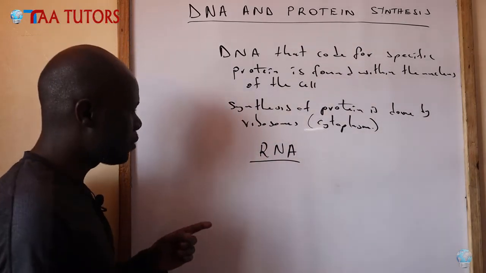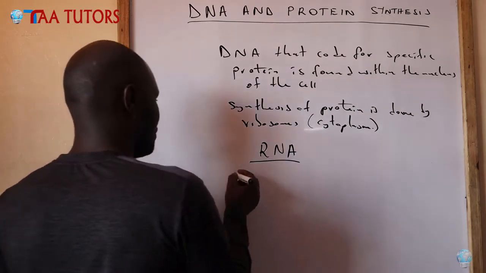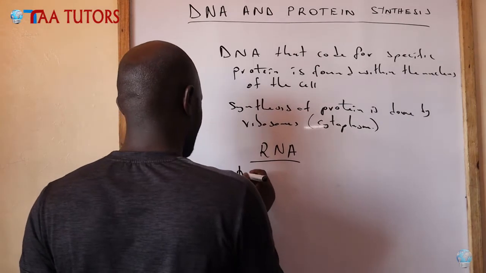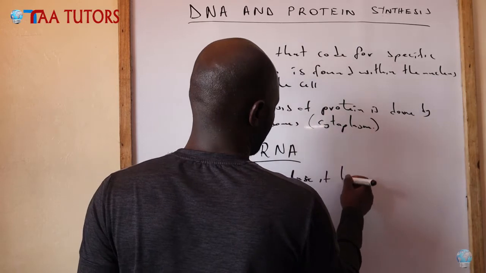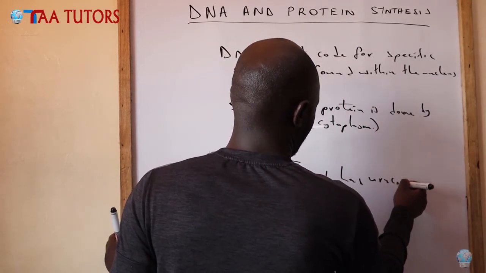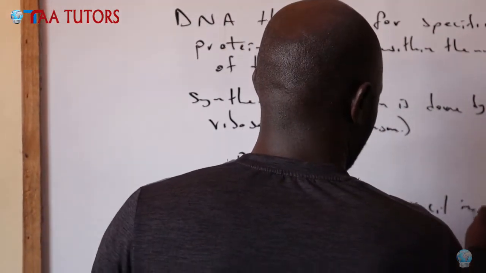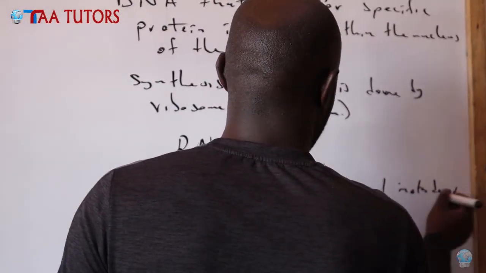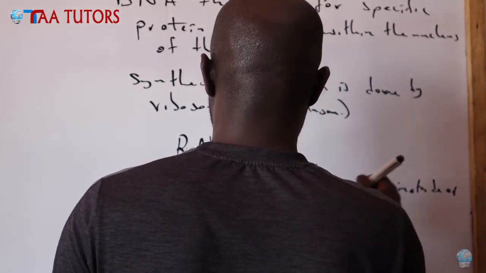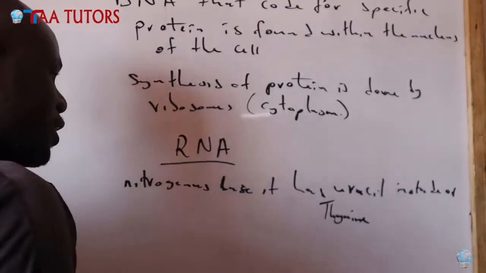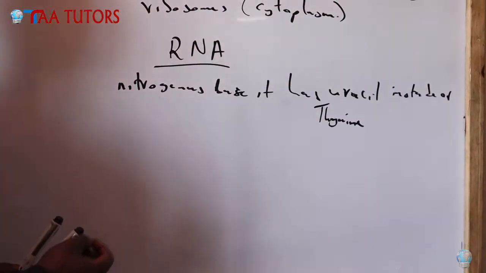But the only thing that is different, that we studied early enough, is that the RNA in its nitrogenous bases has uracil instead of thymine. So whenever there is a thymine in the DNA, in the RNA it is replaced by uracil. The rest of the bases are the same. So that is one thing that brings in the difference between the DNA and the RNA.